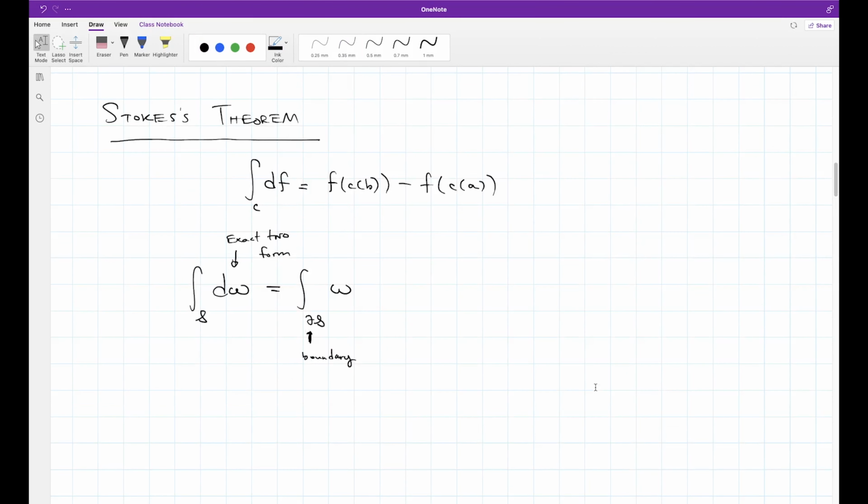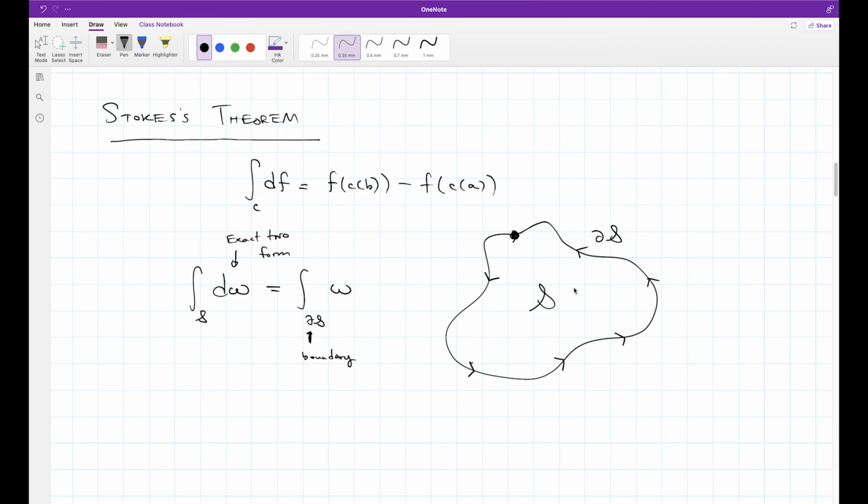So let's draw out what's going on. Suppose that we have our region. So S is this region in here. And then the boundary, which is oriented, is the counterclockwise loop here, partial S. And so if we have the 1 form, d omega, and we take a surface integral of that 1 form on this interior region, then that is equal to the line integral of the 1 form omega on the boundary.